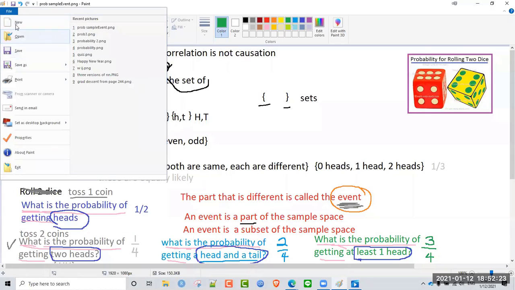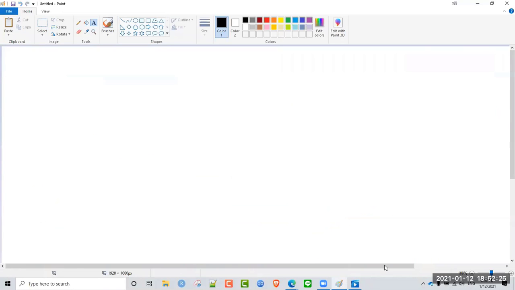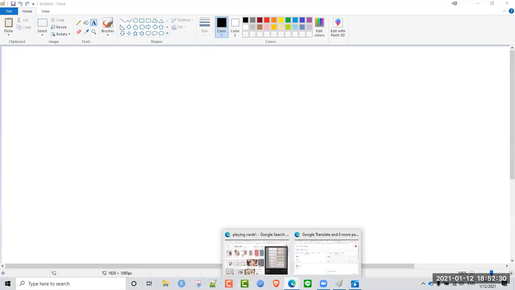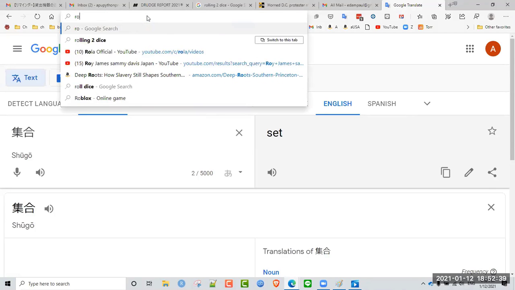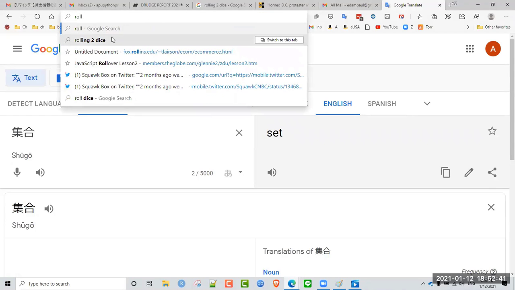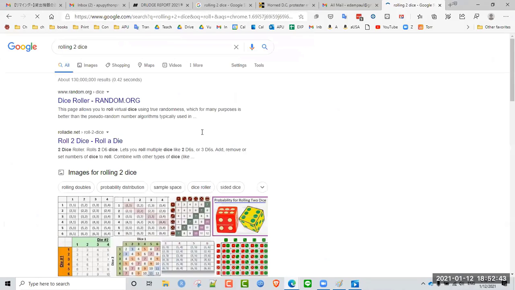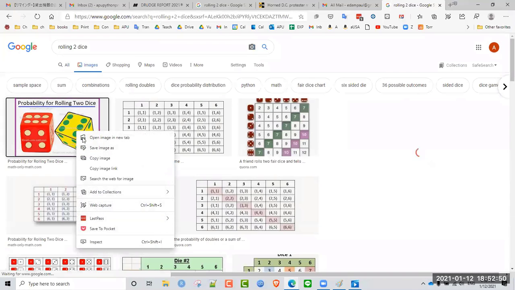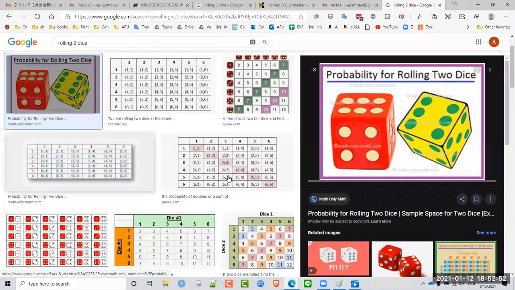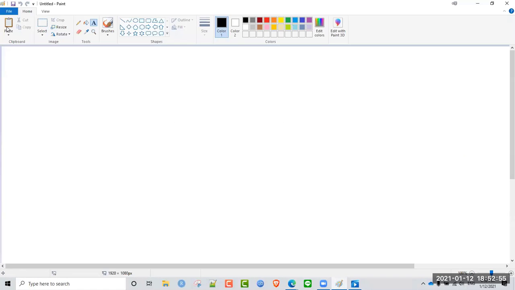And let's try to use these words in this case for a new experiment. So let's say roll 2 dice. Let's try that. So let's try taking this, copy it, put it in here.